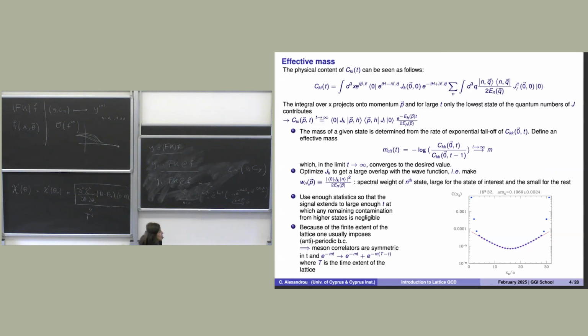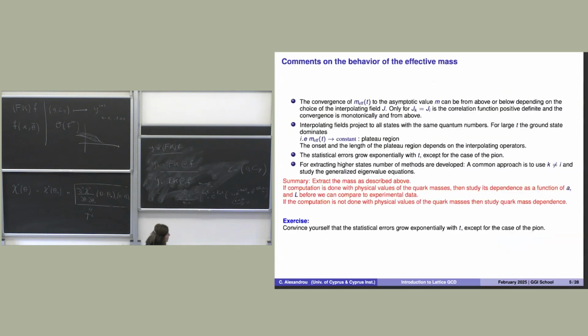I generalize because we will see examples where we take a matrix rather than just a diagonal. This should be dagger. Okay, so this is an advantage because I know how it approaches the asymptotic value.